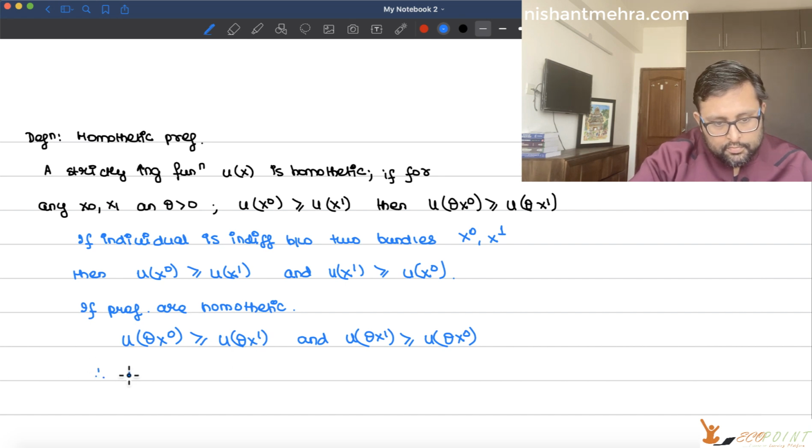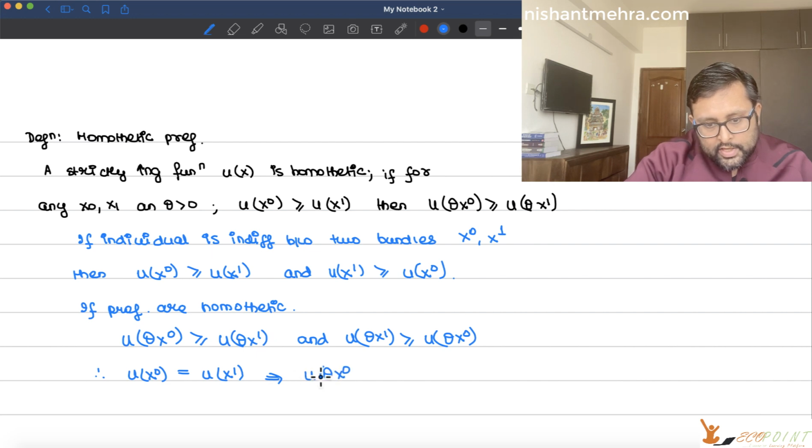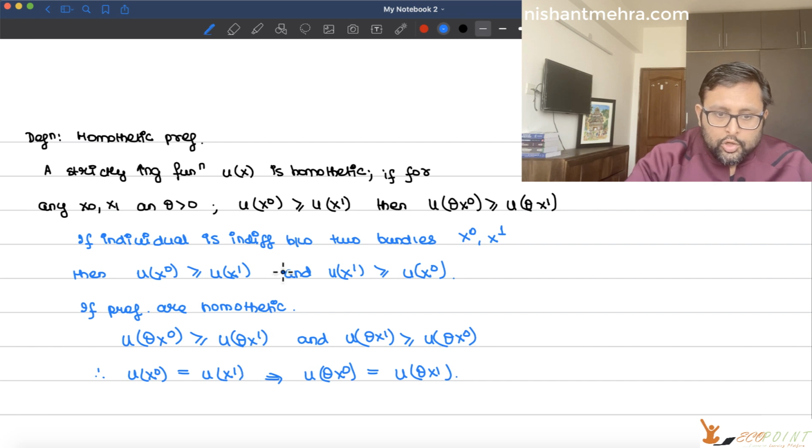Therefore, if u of x0 is equal to u of x1, this would imply u of theta x0 is equal to u of theta x1. So what you have done, you have proved if u of x0 is equal to u of x1, then u of theta x0 is equal to u of theta x1.